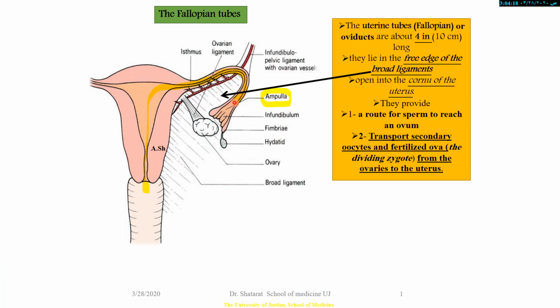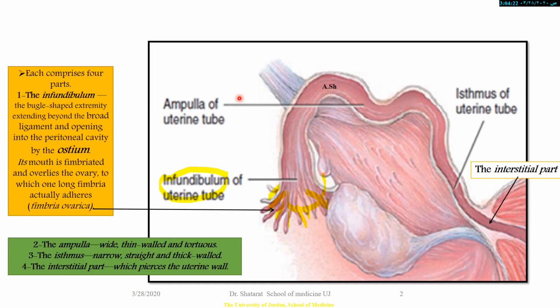It is close to the infundibulum, not far away from it. Anyway, the ampullary part, then the isthmus here, and finally the interstitial part, which is the last part before it joins the uterus. So I will be interested in this part, the ampullary part, where the fertilization takes place.